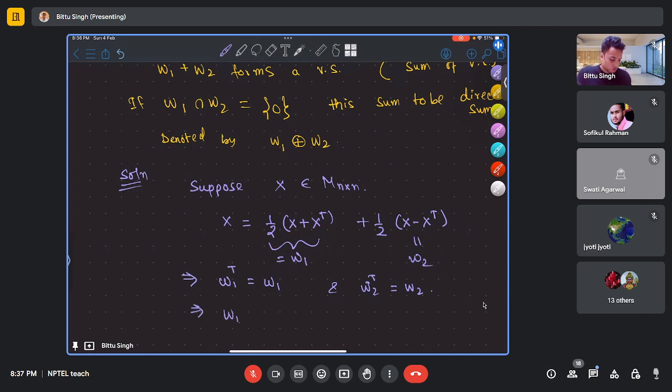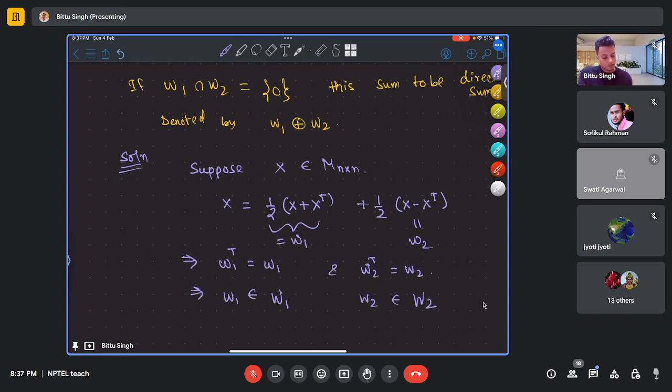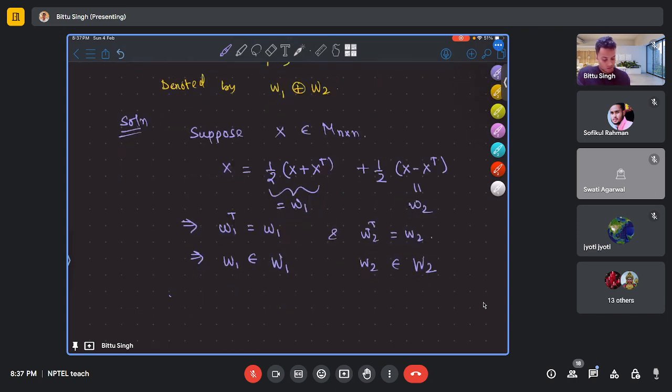Therefore w1 is a symmetric matrix and w2 is skew symmetric. w1 belongs to big W1 and w2 belongs to big W2. Hence you can say X, that is any matrix in M n cross n, is a sum of symmetric and skew symmetric matrix. But when will it be a direct sum?